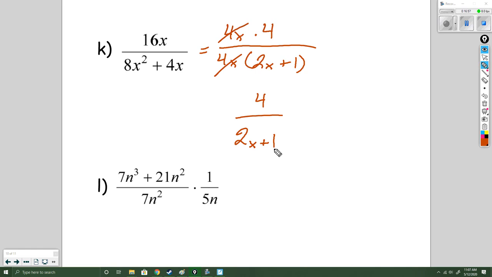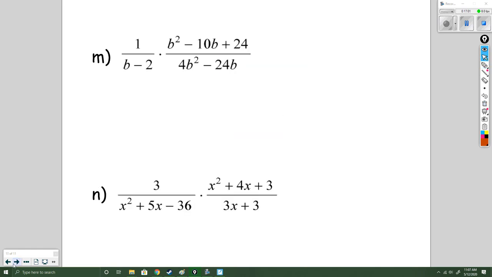All right, let's skip past L here. Let's move on to M and N. These are the last two here. So for M, we can simplify that second fraction. So we have 1 over b minus 2.